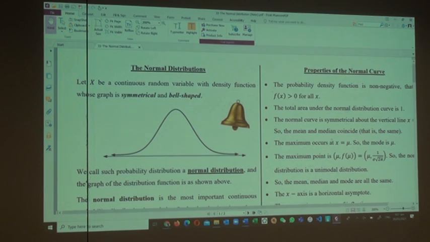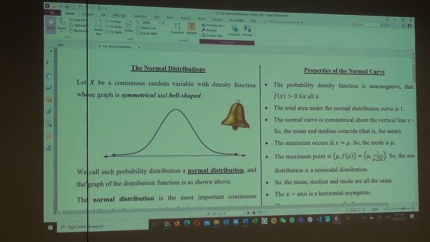How can you identify that the graph of a density function that you are looking at is a graph of the normal distribution, the graph of the density function of a random variable which is normally distributed? So the note that I've just given you is quite explanatory, so we're just going to run through it.